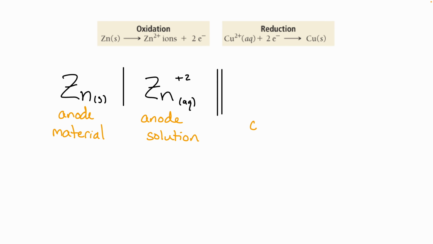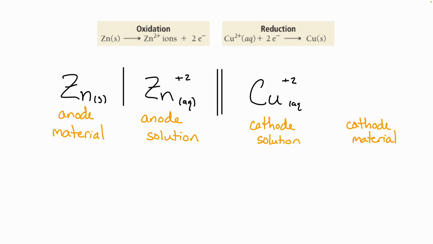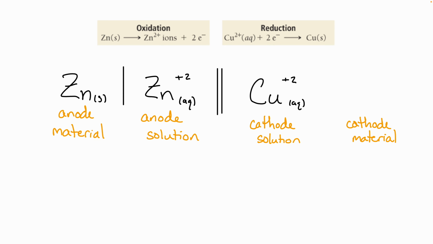We're going to first list our cathode solution, followed by our cathode material. In our cathode solution, we have our aqueous copper ions. Again, we have this vertical bar separating our cathode solution from our cathode material, and our cathode was made out of that solid copper.